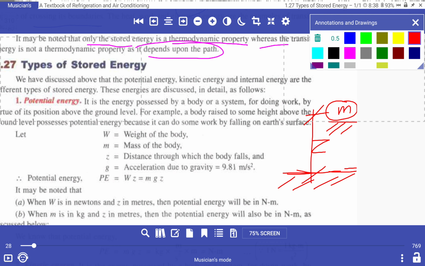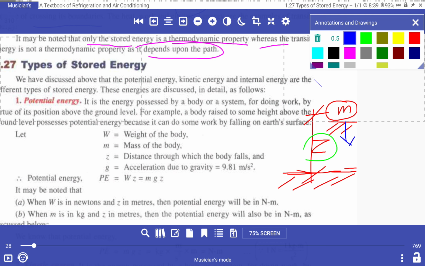So with respect to this, the potential energy of mass M. So this is a stone, it has a mass M, and it has a weight actually.